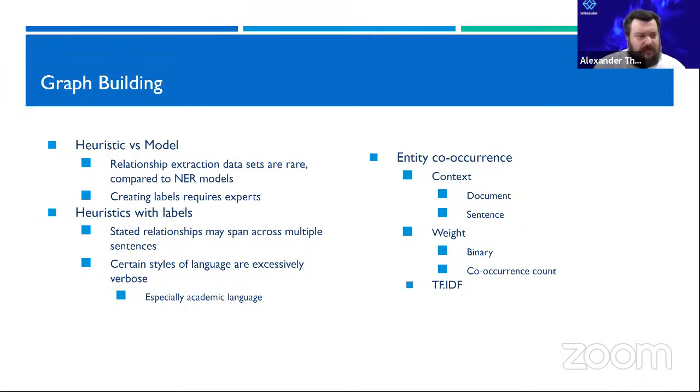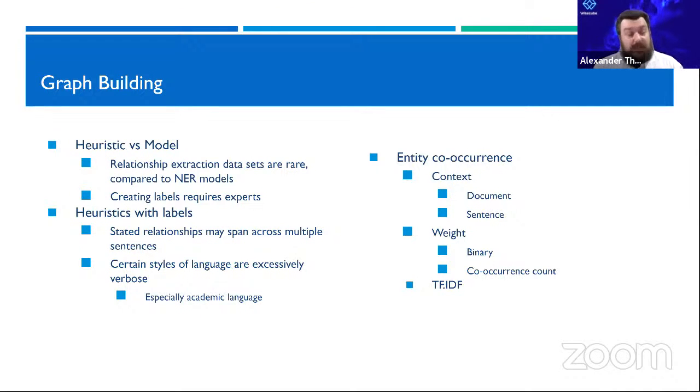So heuristics is sort of what we're going with now. So the idea is that these relationships are going to be in the text and we can identify them. Now, if you're trying to extract typed relationships from the text, it's complicated. And as I was saying to Dimitri earlier, different styles of language can make this very difficult.